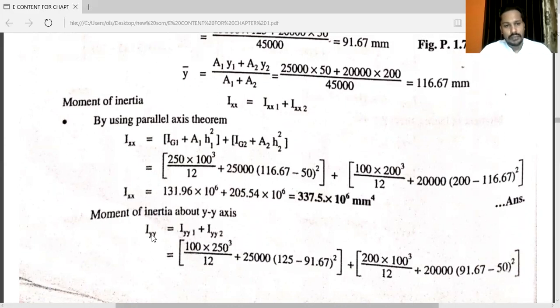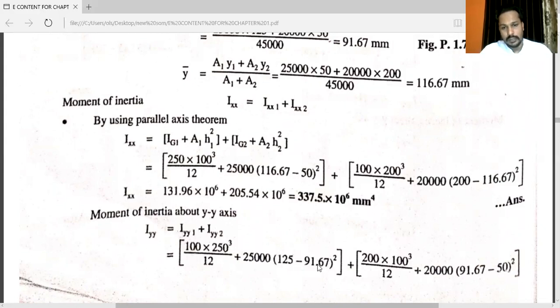While taking I by y, you have to calculate I by y1 plus I by y2. So while putting the value of h1 and h2, while taking I by y, you have to take x bar.